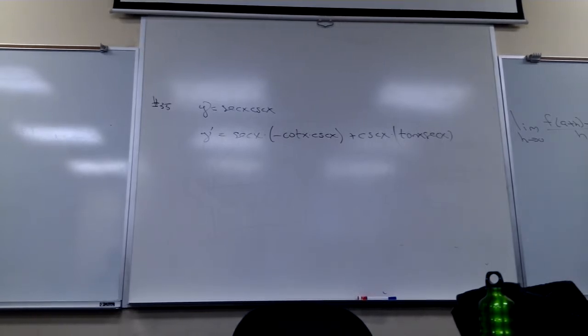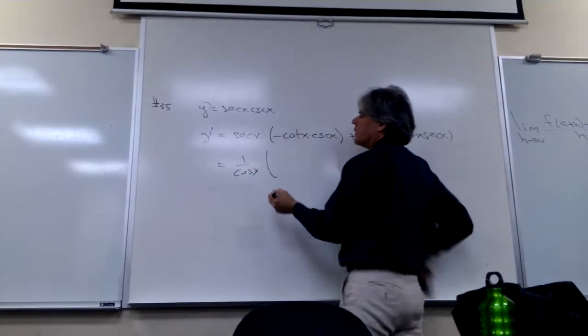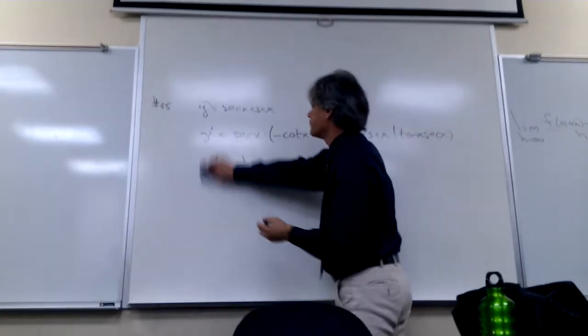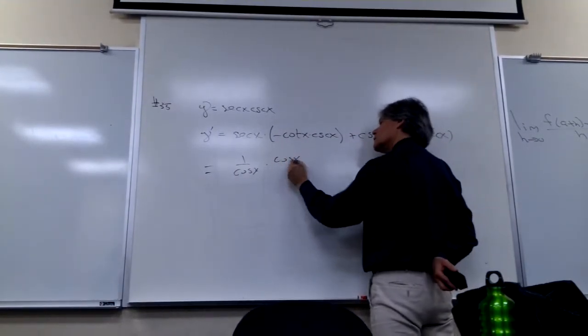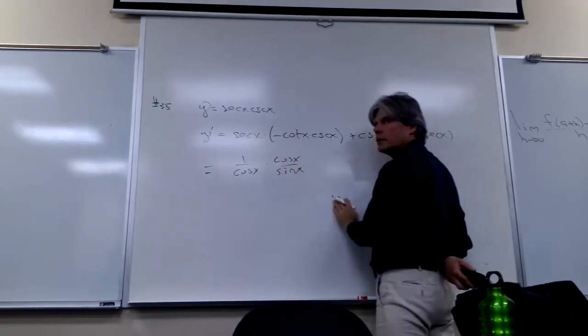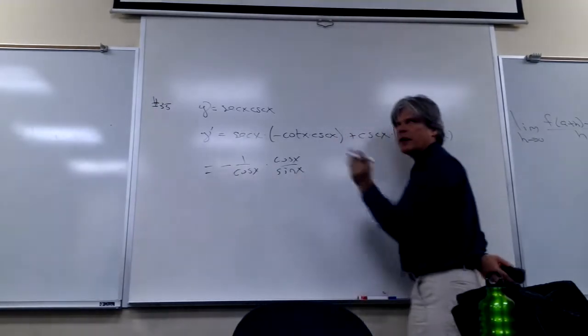Can you just turn them all into sines and cosines, see if anything cancels? If you insist. So I've got a 1 over cosine of x times... I can't just write it as one term. Is cosine over tangent of x just this? Yeah, except with a negative. I'll put the negative sign up front. I was just trying to write it as one term.